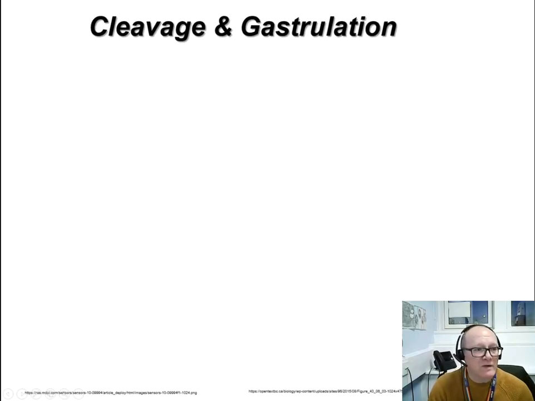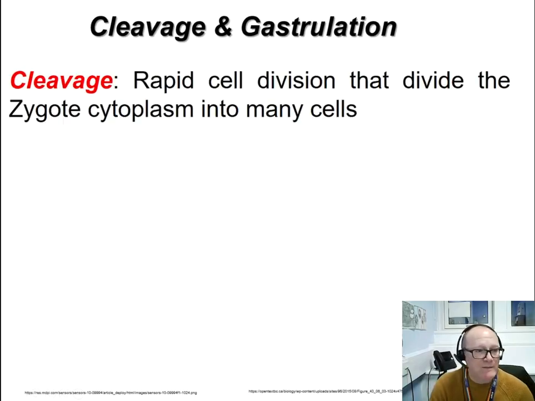So let's start talking about cleavage and gastrulation. Cleavage is defined as the rapid cell division that divides the cytoplasm of the zygote into many different cells.